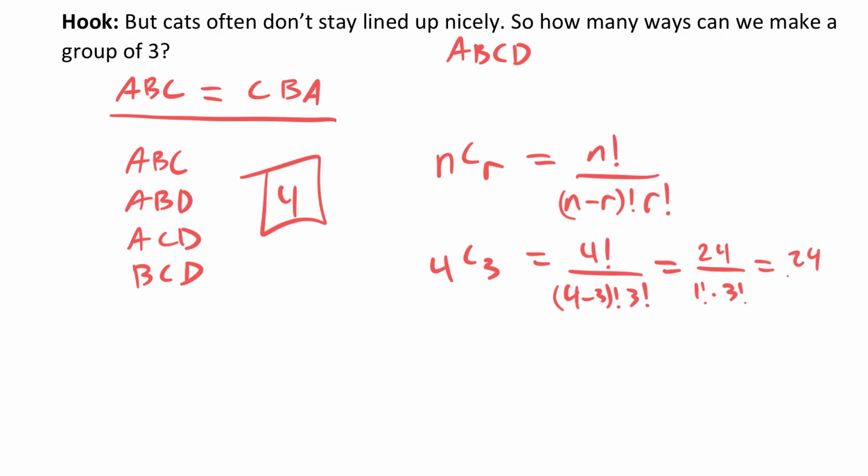So 24 over 6. Which, yeah, that equals 4. That gives us the right answer. And if you try it on your calculator, you should have it equal 4 as well. Okay, but this totally could just be a coincidence. We need to actually test this on another example.